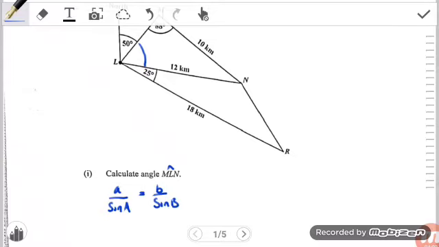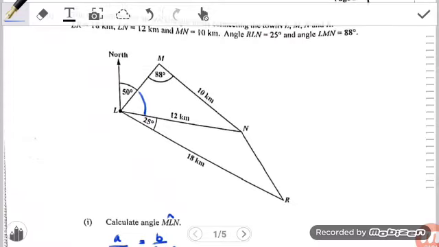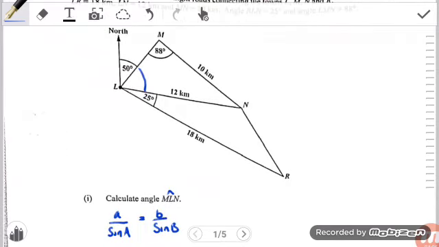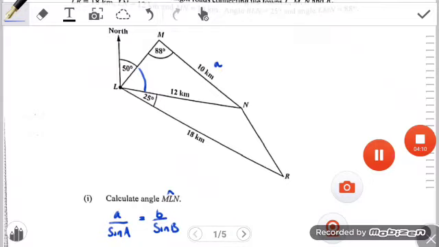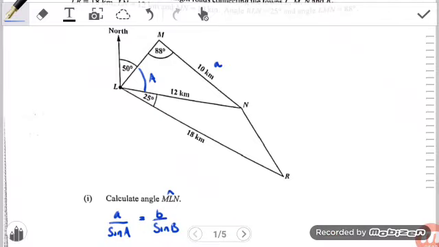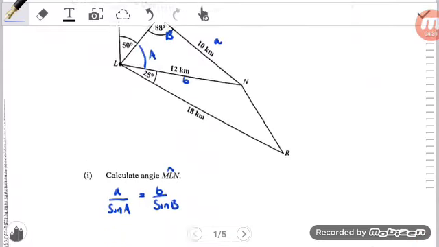So I'm going to assign the letter a to being 10, and so the angle facing 10 becomes capital A. And for 12, the side is b, so the angle facing b is going to be capital B. With that said, let's insert our values.